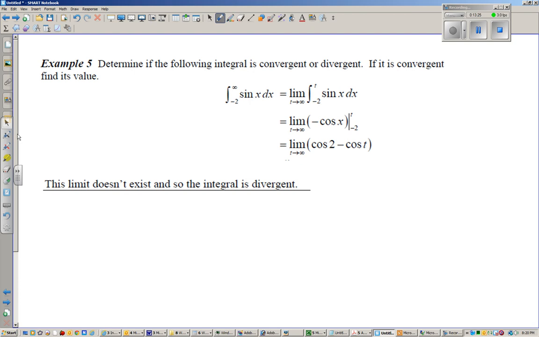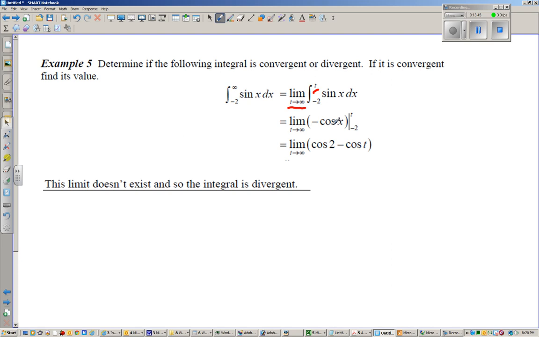And this type, let's say we have the integral from negative 2 to infinity of the sine of x. So we'll rewrite it: we'll take the infinity out, put in t, put the limit as t approaches infinity.